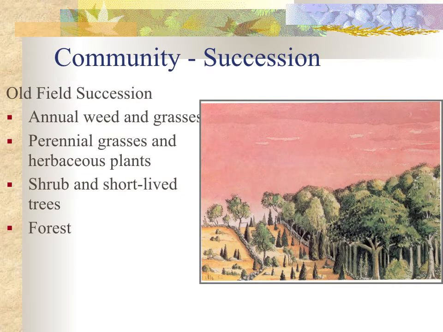Communities also, I shouldn't give you the idea that everything's hunky-dory. Communities change over time. There is what's called succession. Communities invade new areas. They have pioneer species like weeds and grasses that are able to grow in areas where there's no intact soil.